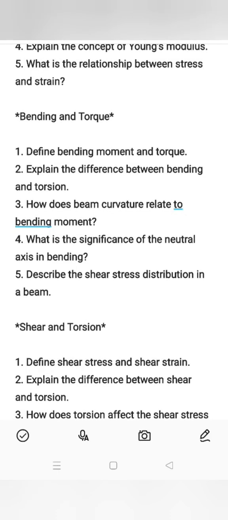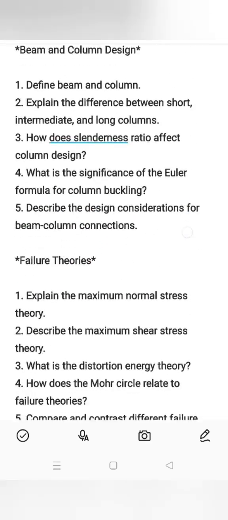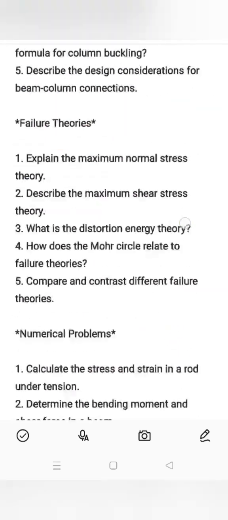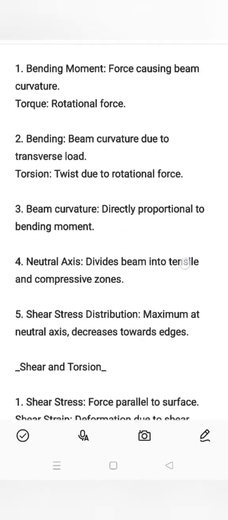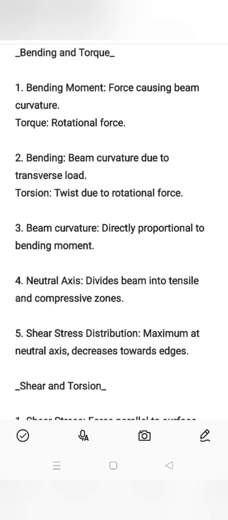How does beam curvature relate to bending moment? Beam curvature is directly proportional to bending moment.